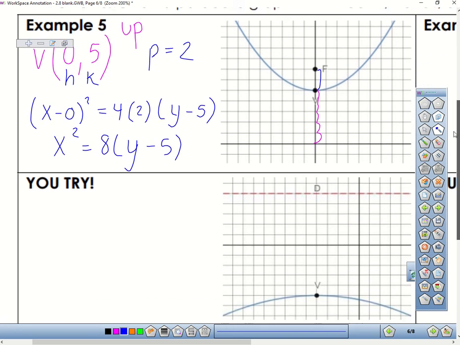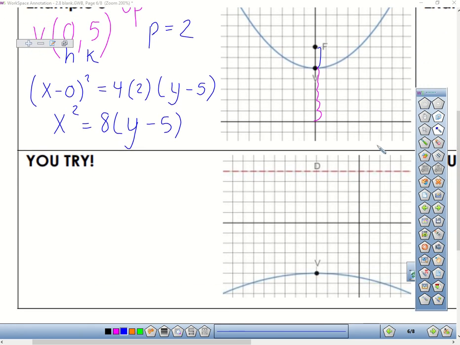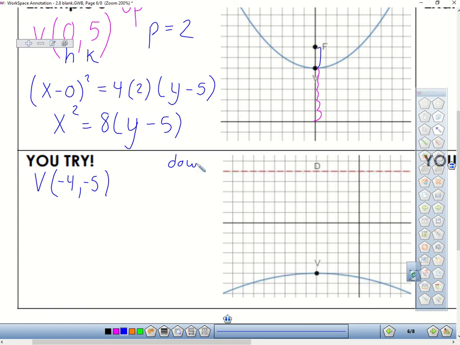So, I'm going to do the You-Try because I want you to try one that gives you the directrix and the vertex, because you haven't seen that yet. So what's the coordinate of my vertex in this case? Good. Now, is this quadratic opening up, down, left, or right? Which means my p-value is going to be what?